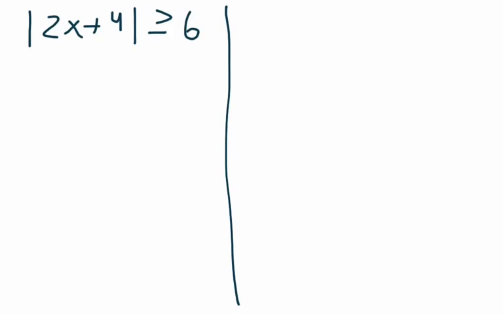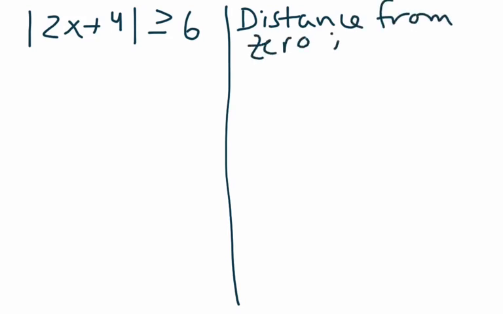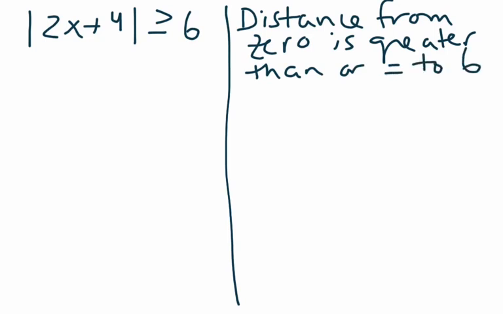So absolute value means distance from 0, and in this case we're talking about the distance from 0 is greater than or equal to 6. So I'm going to go ahead and write that out here. Distance from 0 is greater than or equal to 6.